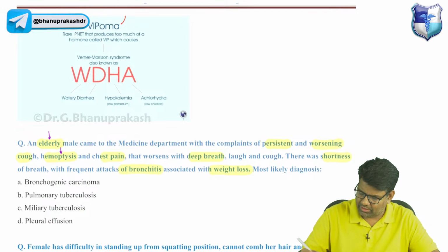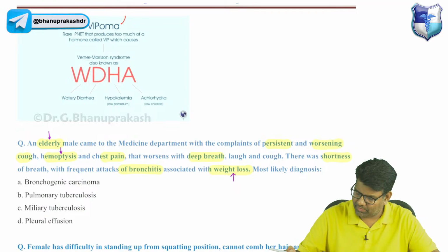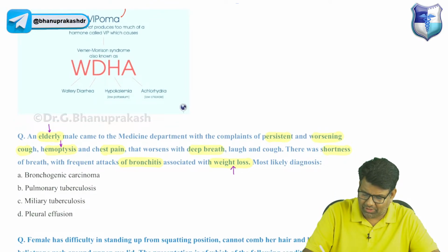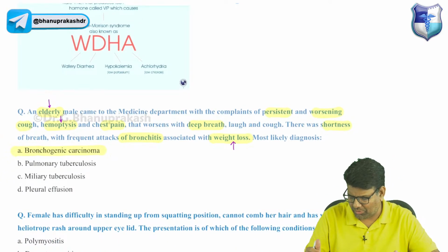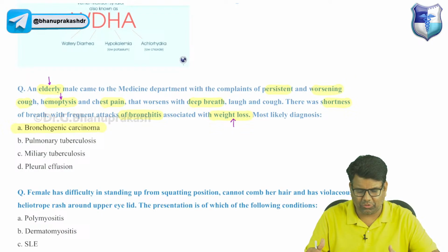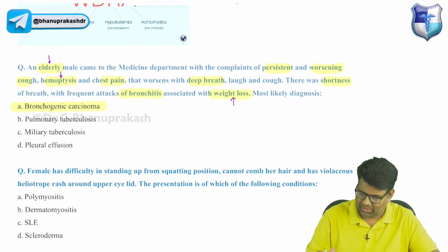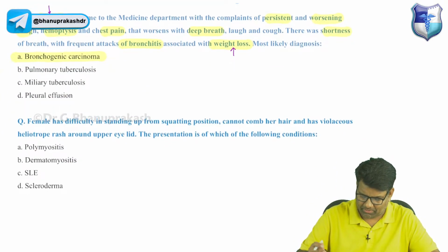Elderly, hemoptysis, weight loss. Anyone? Yes. The moment you have this kind of terms, always think of the possibility of bronchogenic carcinoma. Weight loss should be kept in association with tumor anywhere in the body.